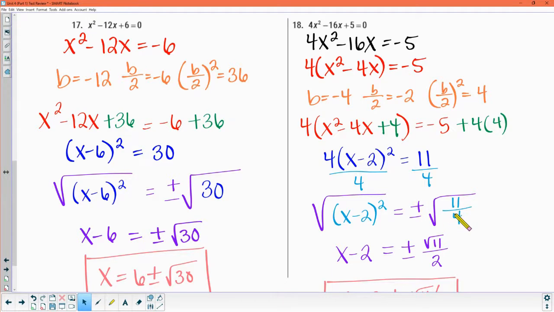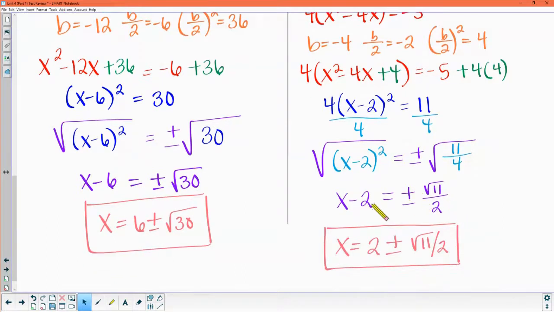So that's how my answer ended up simplifying to be x minus 2 is equal to plus or minus square root of 11, because I can't do anything there, over 2, because the square root of 4 is 2. Last step is going to be adding 2 to both sides. X is equal to 2 plus or minus square root of 11 over 2.